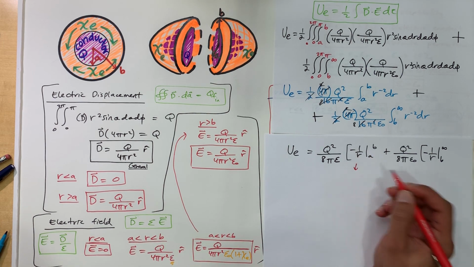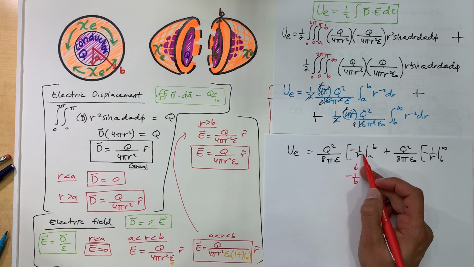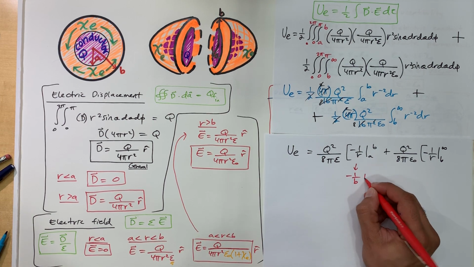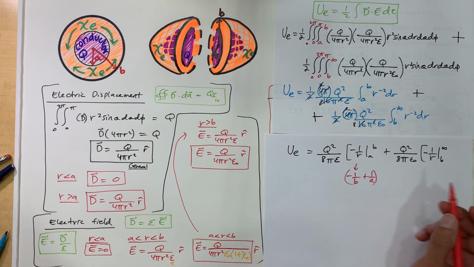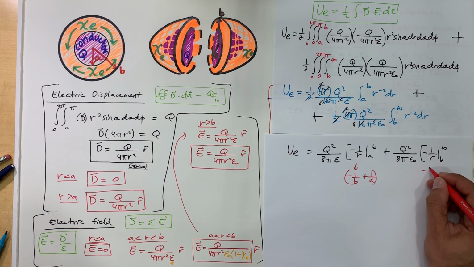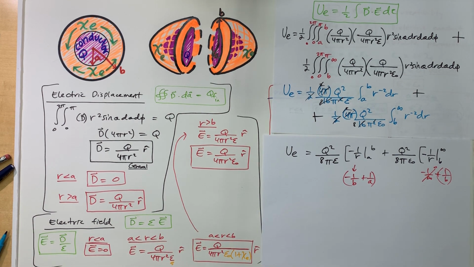Let's just write it separate. We're going to have 1 over b minus a minus, so it's plus 1 over a. That's going to be for just this. And then here, we're going to have negative 1 over infinity minus minus, which is a plus 1 over b. This is 0. So this is the only thing that remains. So now writing it all together, let's see what we got.